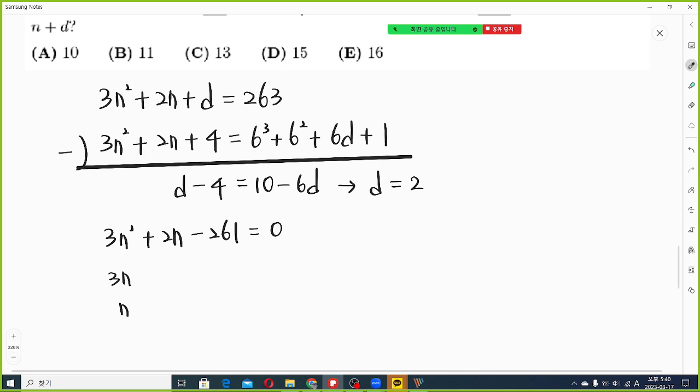What is it? 261? Okay, so N is... If we can factor this way, what's the value of N?